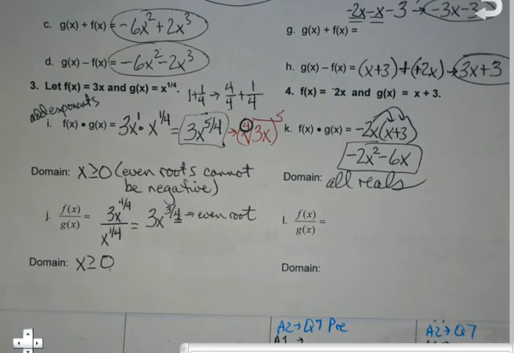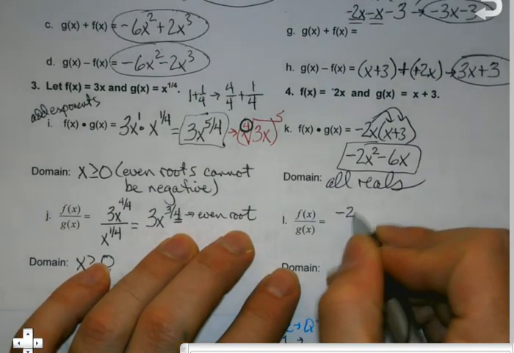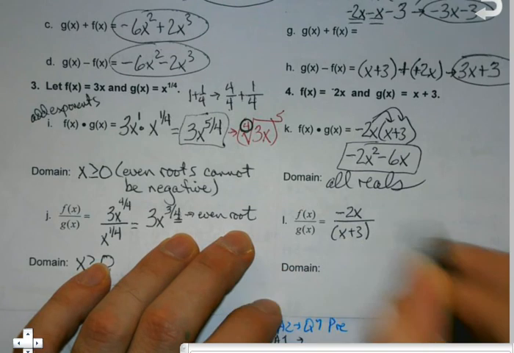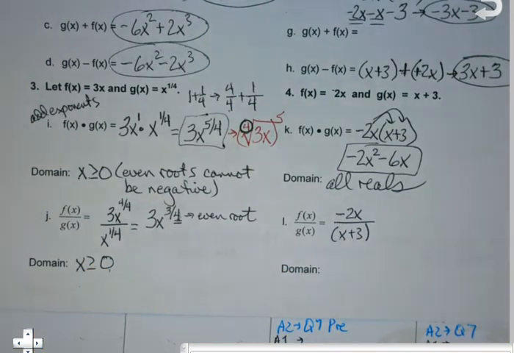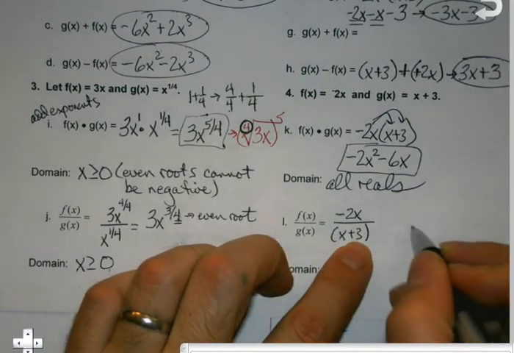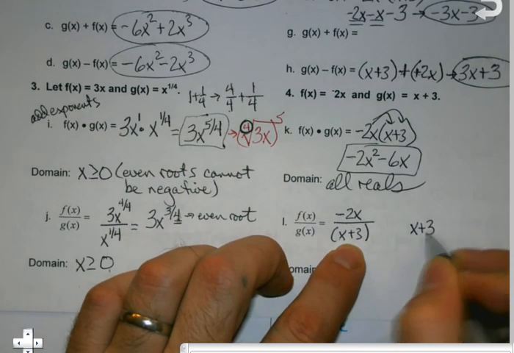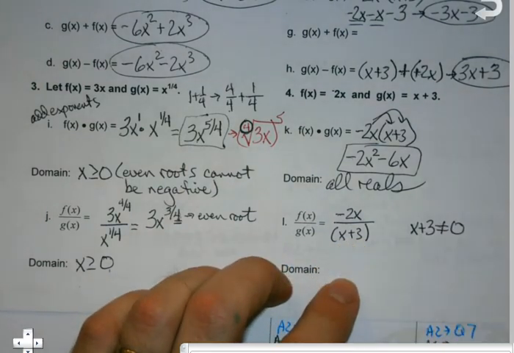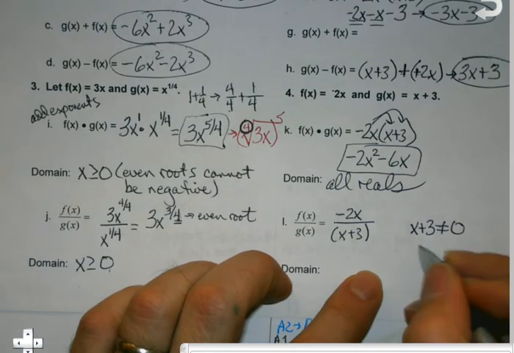However, when I do f of x over g of x, I could run into one problem. Where's the one problem going to be? I can't divide by 0. So again, I'm going to take what's in the denominator, set it not equal to 0, and solve it.